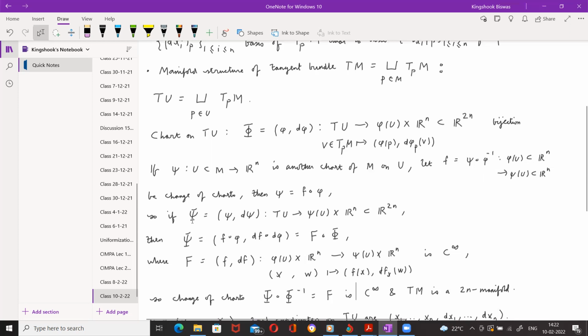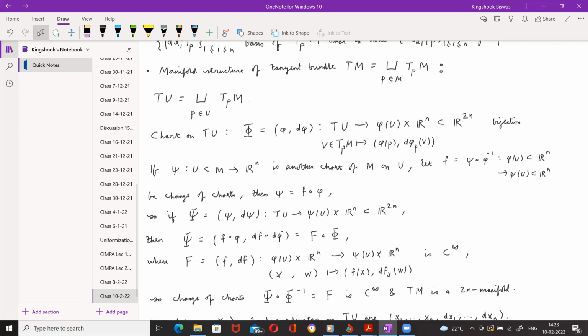Therefore, if I let capital psi be the pair psi comma d psi, this is my other chart on TU. Then capital psi, well, the first coordinate psi is f composed phi. And by the chain rule, which we saw last time, the second coordinate d psi is df composed with d phi, right?